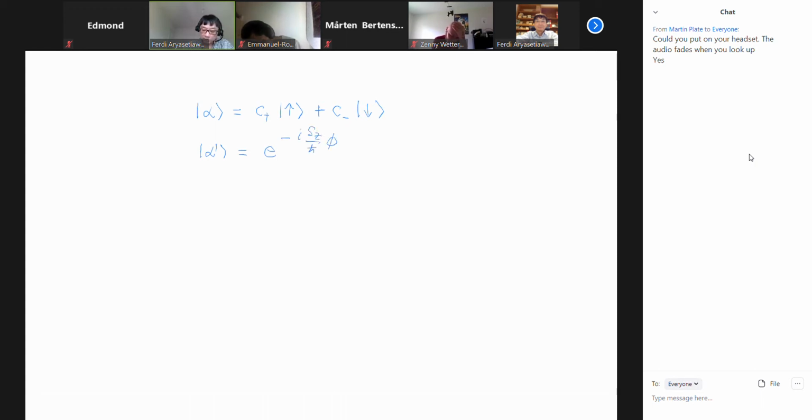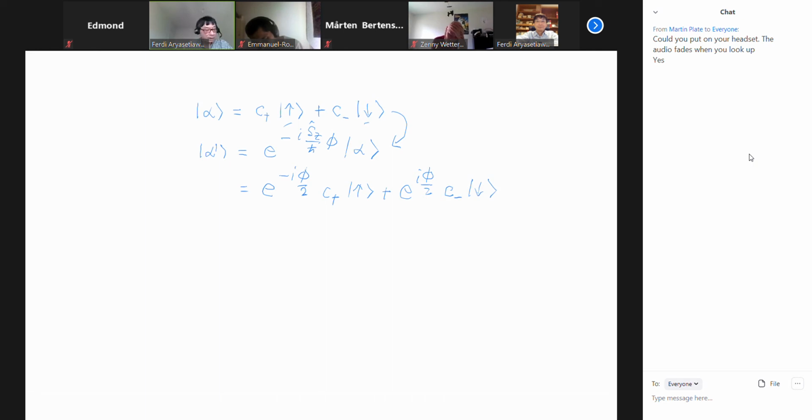We don't have to do the rotation around the z-axis, but it is simpler. It is quite general. Then if we just use it here, these two states are eigenstates of Sz, so then it's easy to calculate. We just get e to the minus i phi over 2 times C plus up, and then e to the plus i phi over 2 times C minus down.